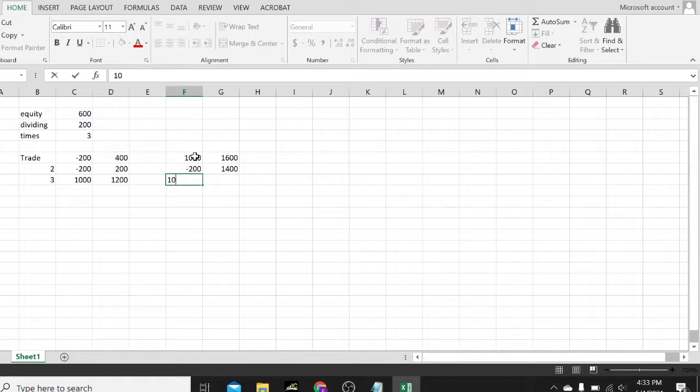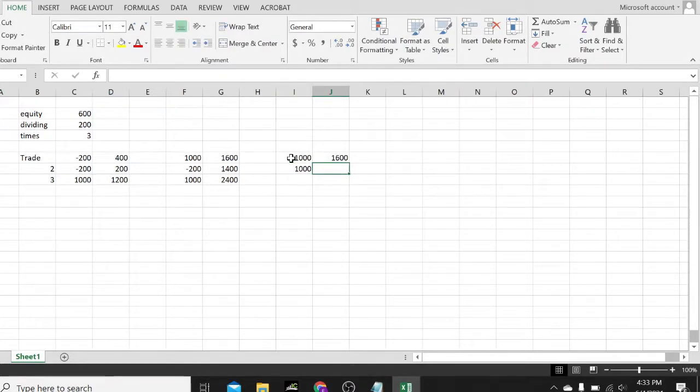The other day I win 3,000 or 100,000. Then I'll be having 240. Imagine, if you get all the correct move, you'll be having 1,600. Then the second trade, 1,600, you have 2,600. Then the third trade, have 3,600.